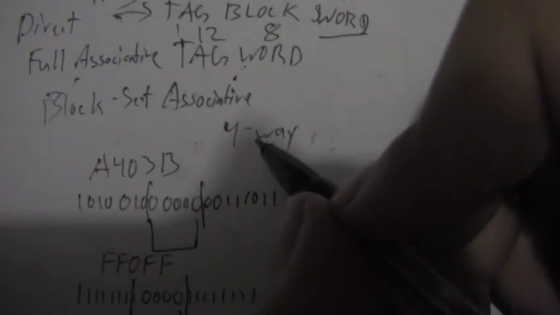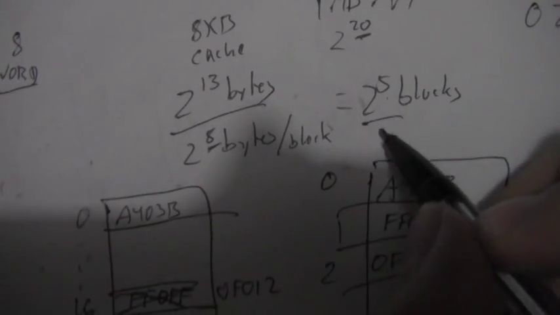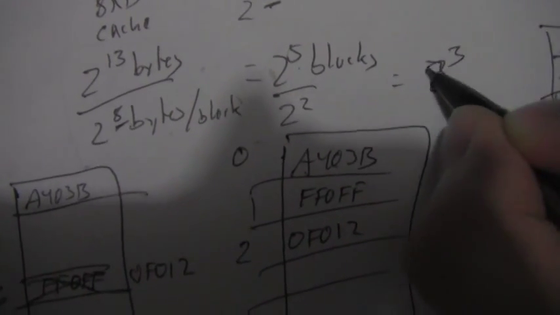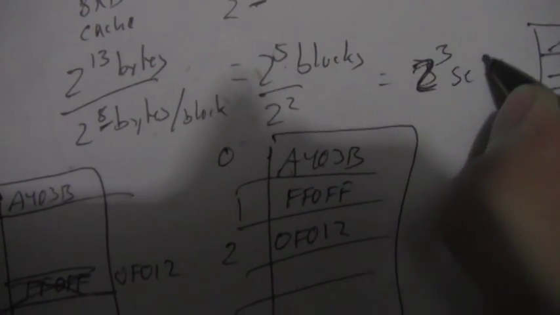Now block set associative, you need to have another parameter, how many blocks in a set. So let's say that's a 4-way block set associative, which means 4 blocks per set. You would now divide this by 2 squared, because 2 squared is 4. So you have 2 to the 3rd sets, or 8 sets.